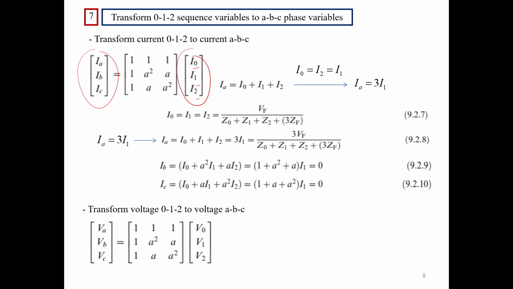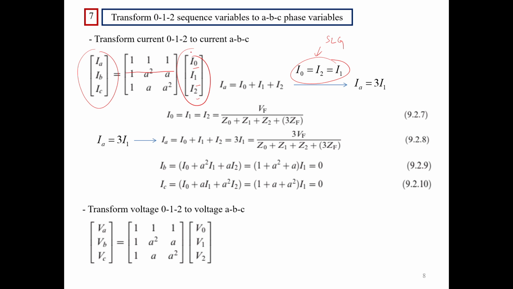Now in this case, you can see that I0, I1, and I2 are the same. This is a characteristic pertaining to single line to ground fault. This would make the substitution of this.